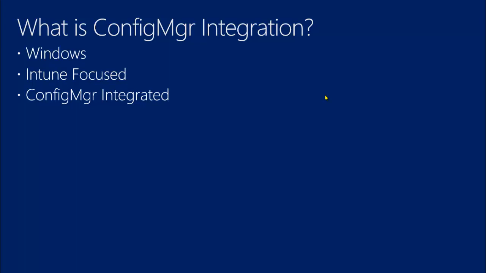In 1910 of Configuration Manager, the compliance assessment capability in Configuration Manager communicating with Intune was tweaked to allow you to include configuration baselines as well, and we'll see that in just a minute, right? So right now, just so you know, the recording is going to be done with Intune certainly, and then Configuration Manager 2006. But we did add that ability in 1910. You'll see that more in just a minute.